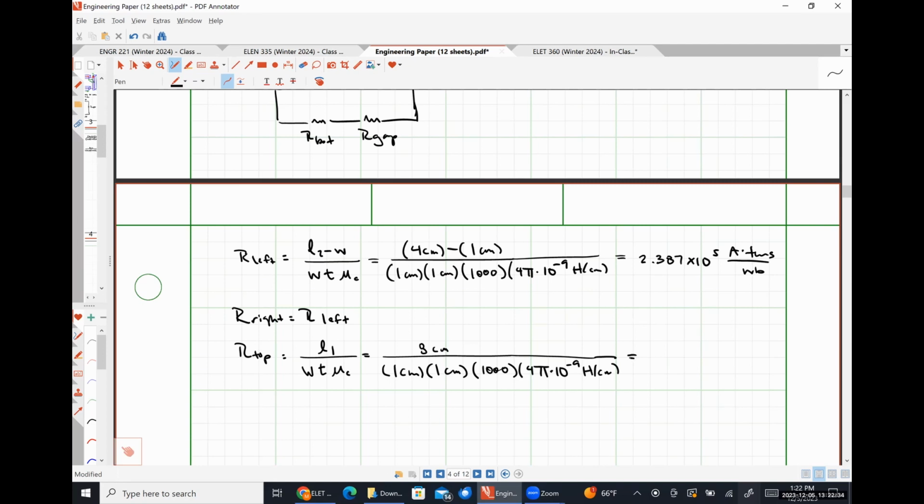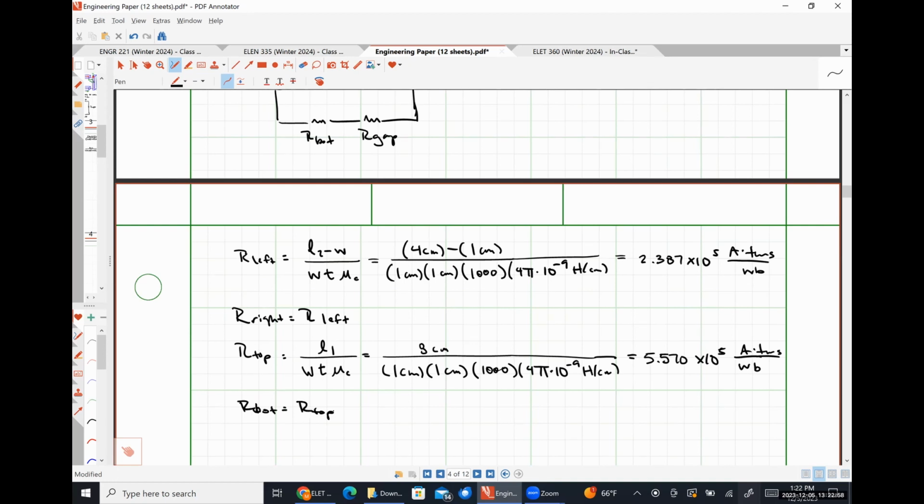And I got 5.570 times 10 to the 5 amp turns per Weber. Our bottom is the exact same thing as our top.